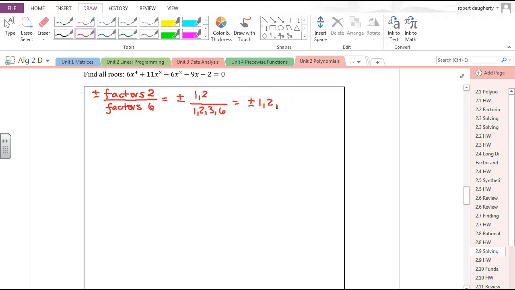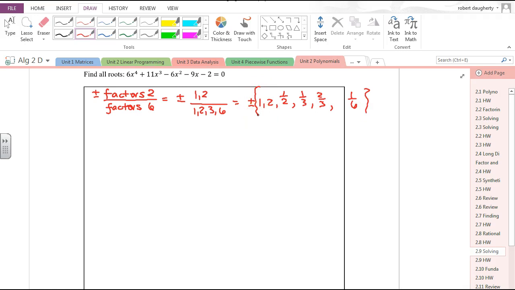Divide every number by 2 and you get 1/2 and 2/2. 2/2 is 1. Divide every number by 3 and you get 1/3 and 2/3. Divide every number by 6 and you get 1/6 and 2/6. What is 2/6? 1/3. That's already on my list. Okay, so those are all my possibilities.